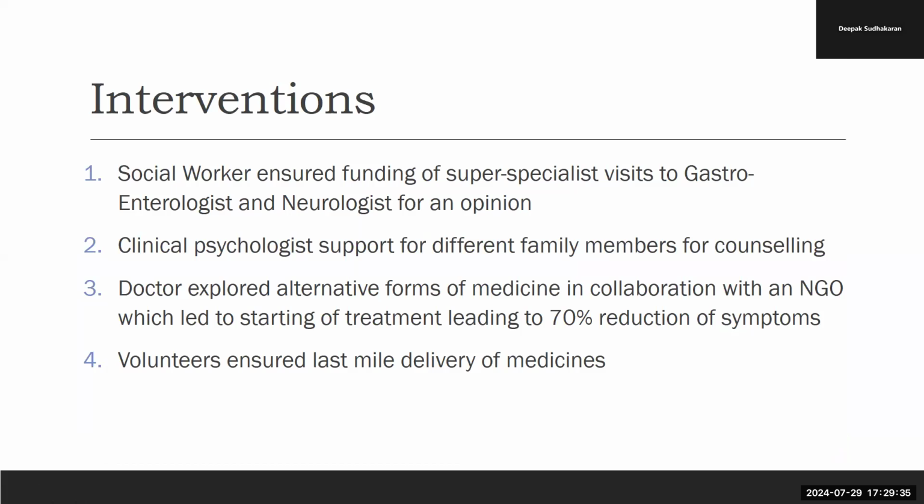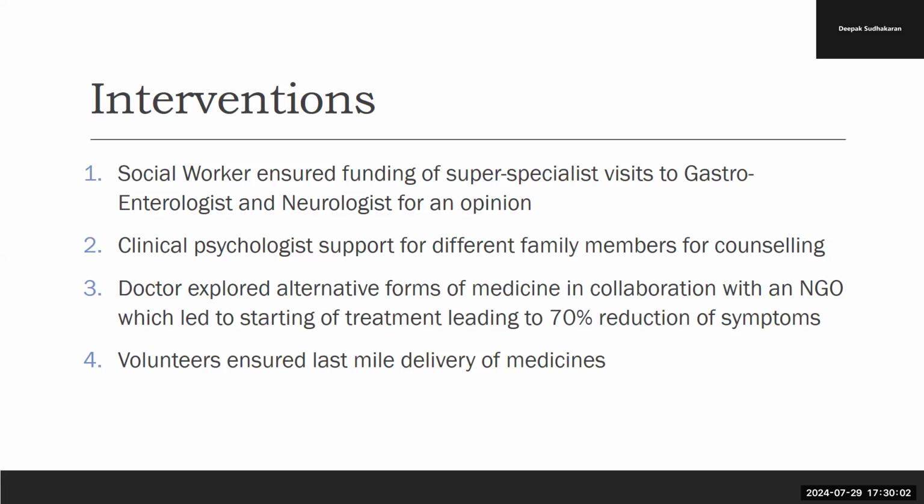So what are the interventions which we did for this person? One is, with the help of our social worker, we were able to raise funds and get a super specialist opinion for her. We knew that she was in follow-up, but she had not been going to the doctor for the last 1 year and was just continuing the same medications, that is copper chelating agents.